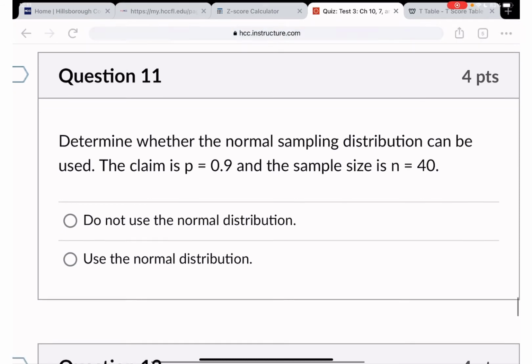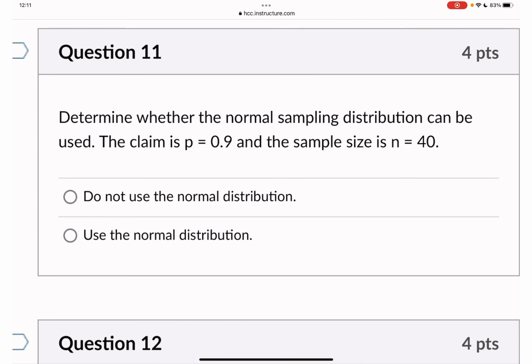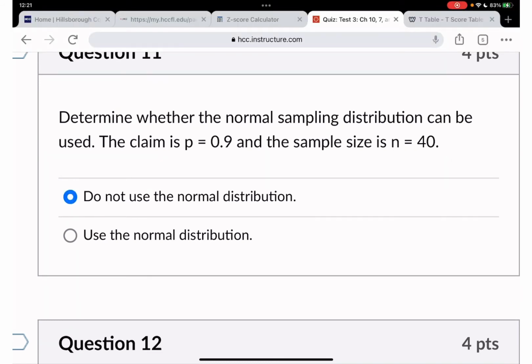Okay, question number 11. Determine whether the normal sampling distribution can be used. The claim is p equals 0.9 and the sample size is n equals 40. So what we have in this case, we are not going to use the normal distribution. You know why? Because of the multiplication n times p.